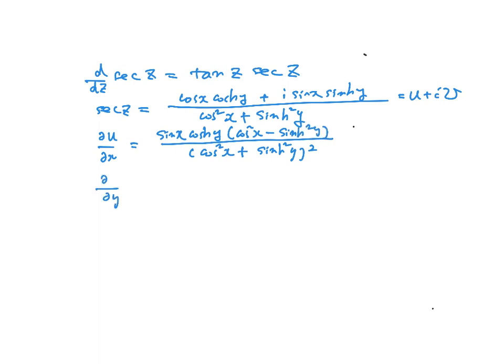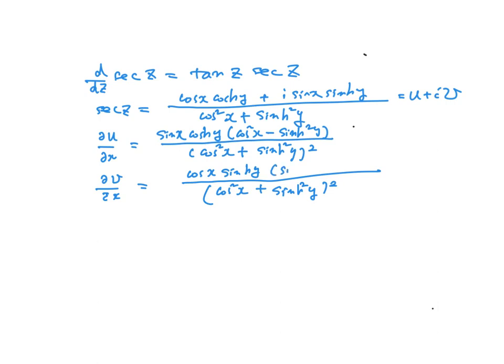Partial y partial v, sorry, it has to be partial x. Cosine squared x plus sine hyperbolic squared y, squared, cosine x sine hyperbolic y, sine squared x plus cosine hyperbolic squared y.